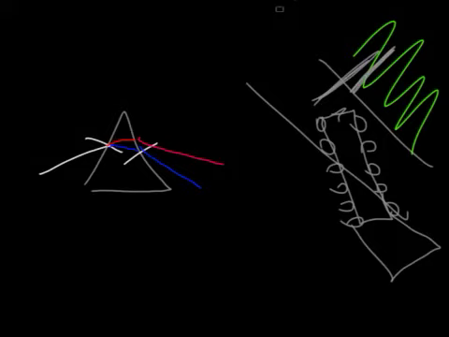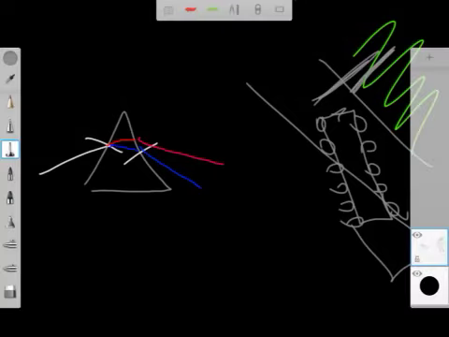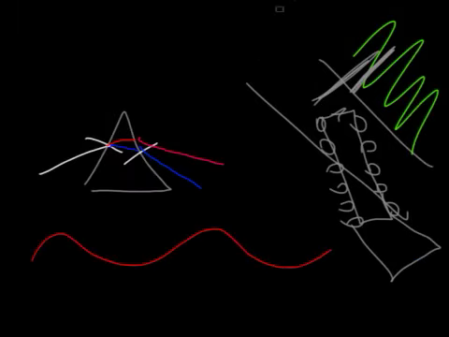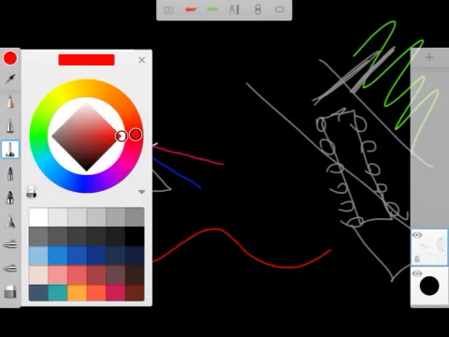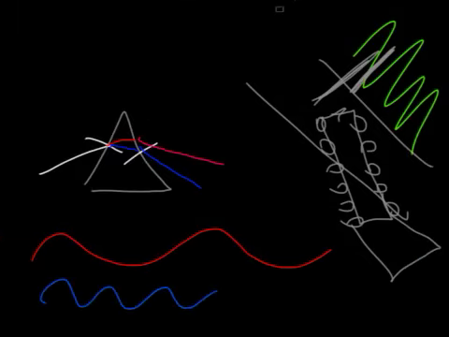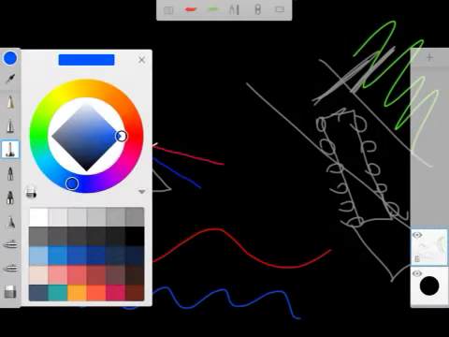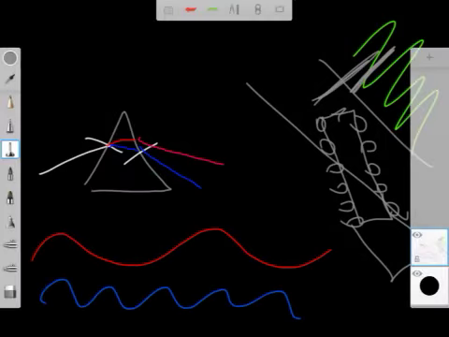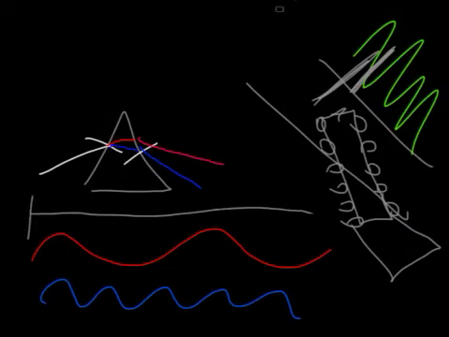Similarly, red light, if you think of light as a wave, here's what red light kind of looks like. It has a long wavelength. And blue light has a short wavelength. So for the same distance, there is more wave crest for blue light than there is red light.